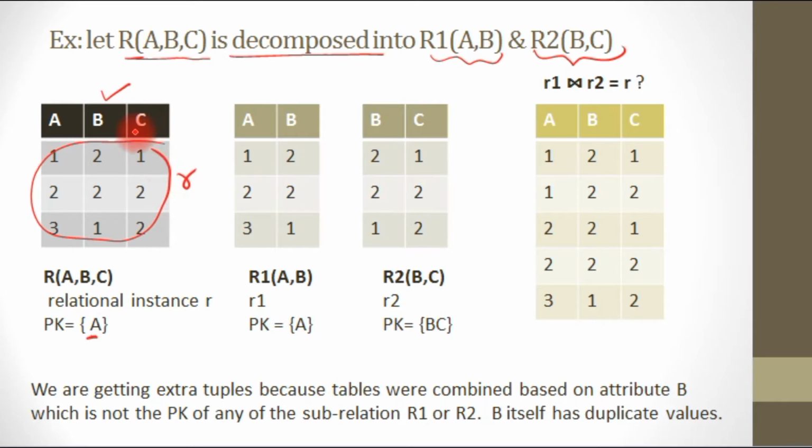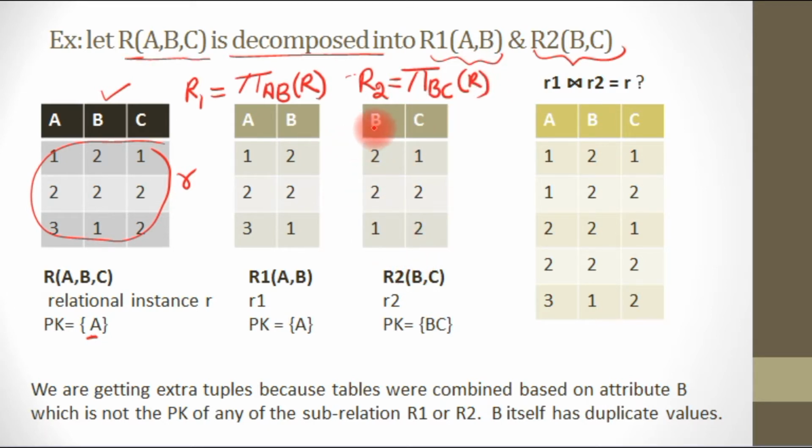When we decompose it into two subrelations R1(AB) and R2(BC), first you project the two distinct columns A and B from the relation R, so you get the relation R1. Same, to get the relation R2, we project two columns B and C from the relation R.